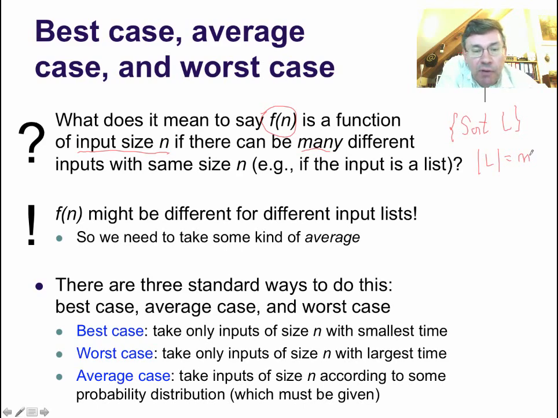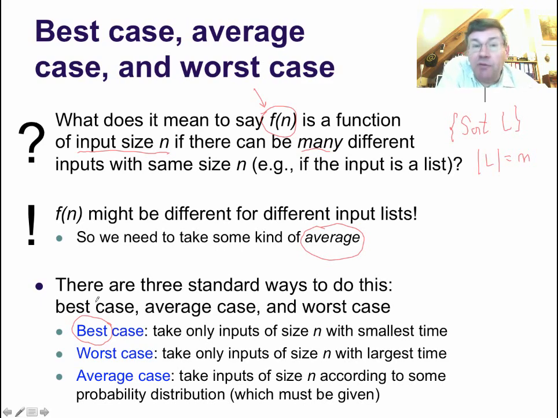So how can we do it? We can't just give one number, because there can be many different complexities. So the way to solve this is we need to take some kind of average over those inputs that we're interested in. So for example, if we take a best case, we take only those inputs of size n that give very good times, low times.